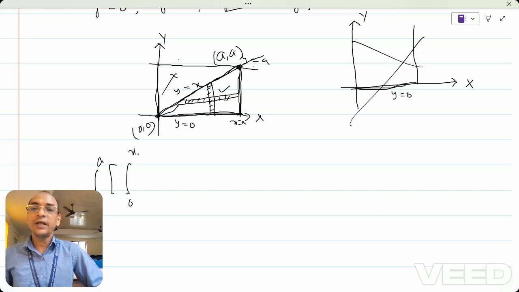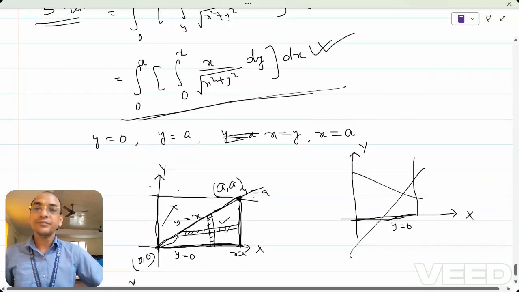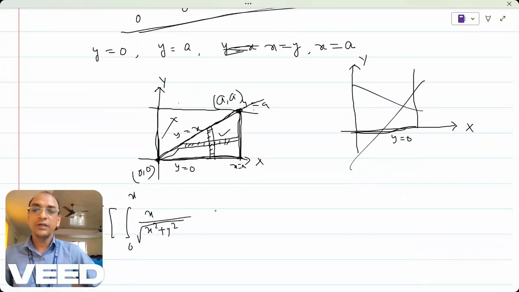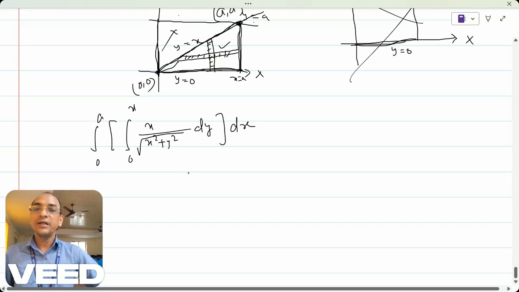The integral is from 0 to x of 1 divided by the square root of x square plus y square, dy, then dx. Now first you integrate with respect to y, and then integrate with respect to x.